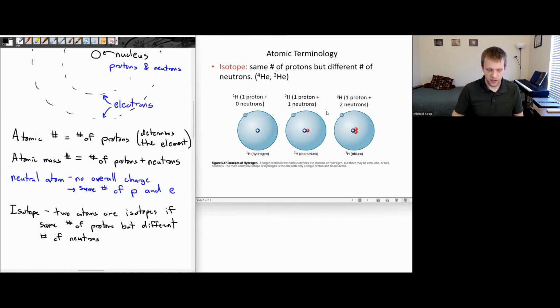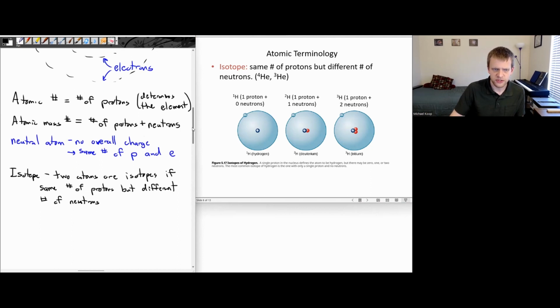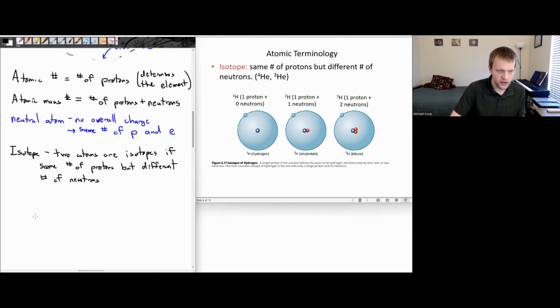For example, carbon-12, let me talk about this one just for a moment. Carbon-12 has 6 protons and 6 neutrons. Carbon is atomic number 6, so it has 6 protons, and to get the 12 atomic mass overall, we need 6 neutrons. Carbon-14, well, it's still carbon, so it still has 6 protons.